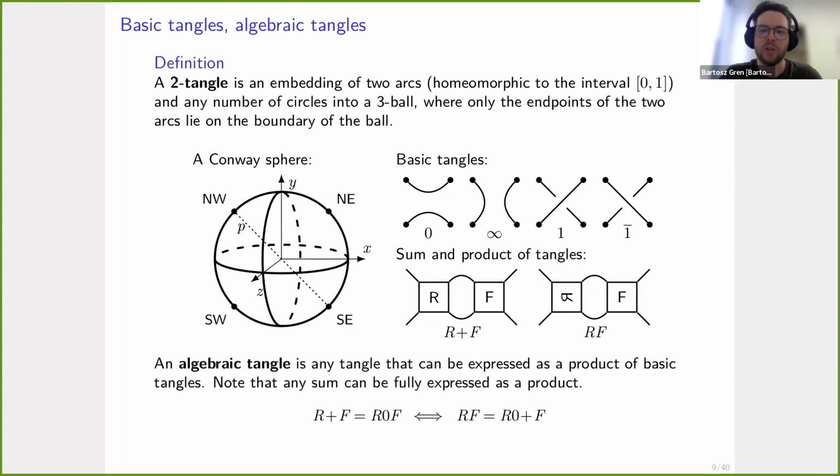And while the summation is more intuitive, multiplication is often more useful. Both of them are useful, but every summation can be represented as multiplication, while the contrary is not true. You can imagine that the F tangle here on the graph is tangle 0 actually.